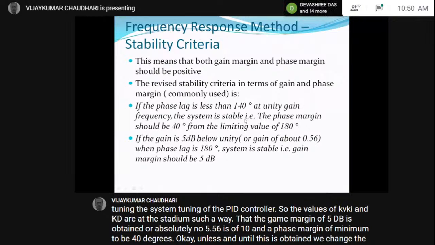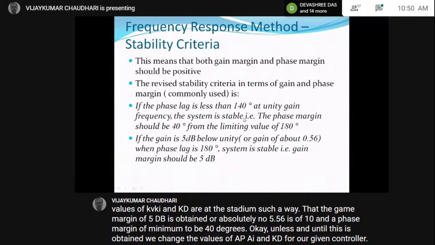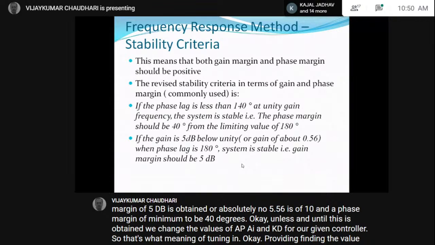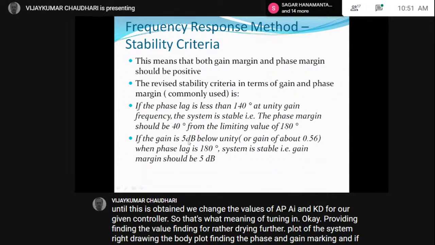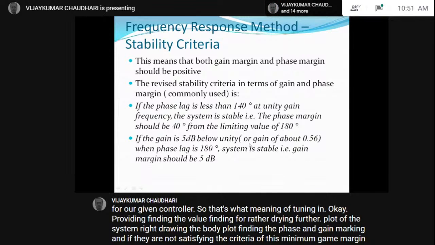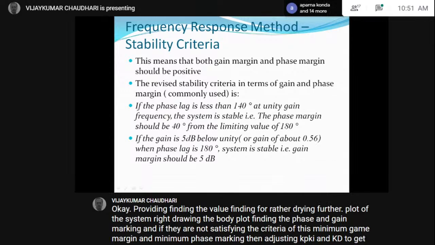So that is the meaning of tuning. First drawing the Bode plot, finding the phase and gain margin, and if they do not satisfy the criteria of minimum gain margin and minimum phase margin, then adjusting Kp, Ki, and Kd to satisfy the criteria is the PID controller tuning.